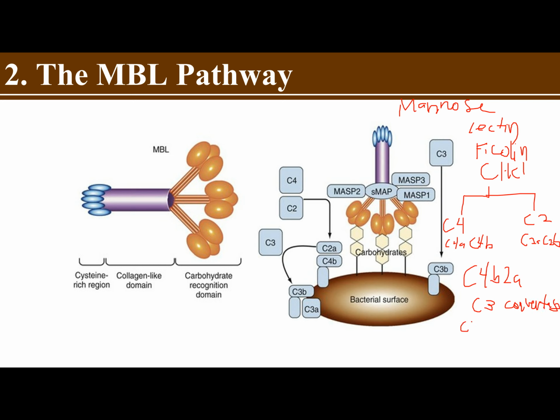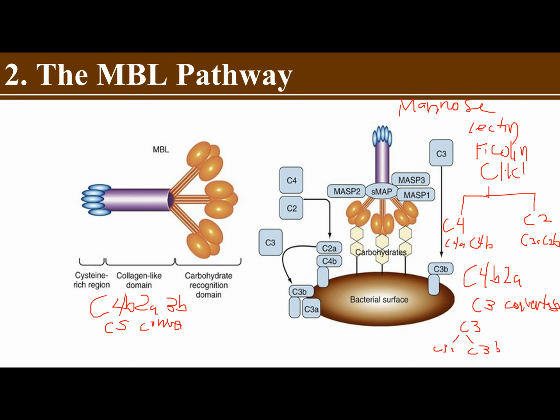And it would cleave C3 into C3A, C3B, forming your C3A, C3B, and C3B will attach to C4B2A, forming your C4B2A, 3B, also known as the C5 convertase.